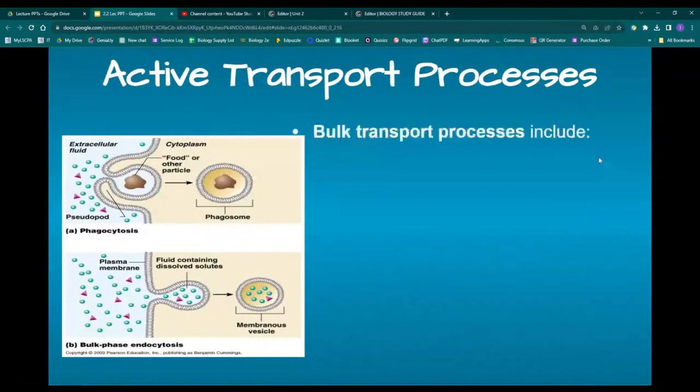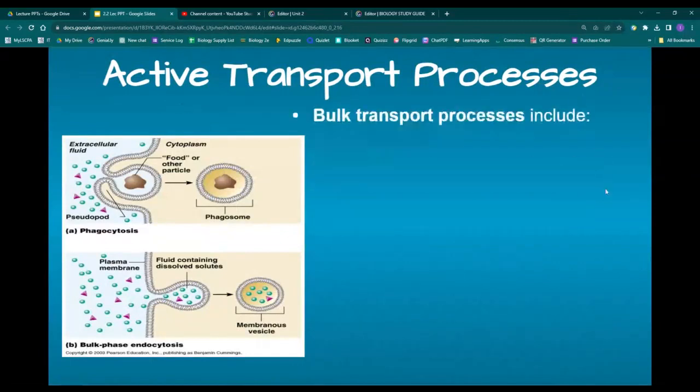Another type of active transport is going to be bulk transport. It does require energy, but I don't require you to memorize the mechanism in which it uses energy. Basically, the cytoskeleton will help to stretch and move the phospholipid bilayer to consume. They create these little pseudopods, these little feet right here, to bring in nutrients.